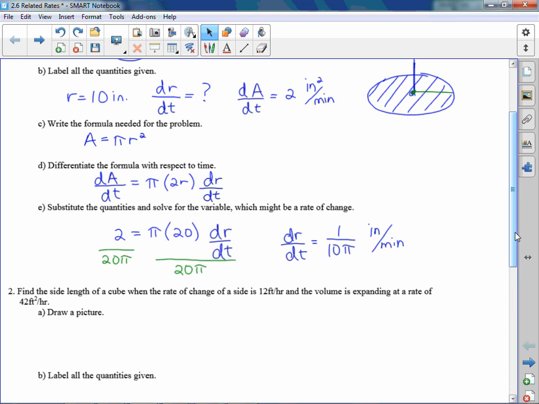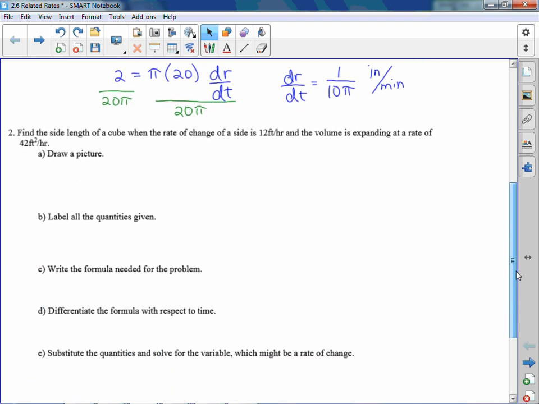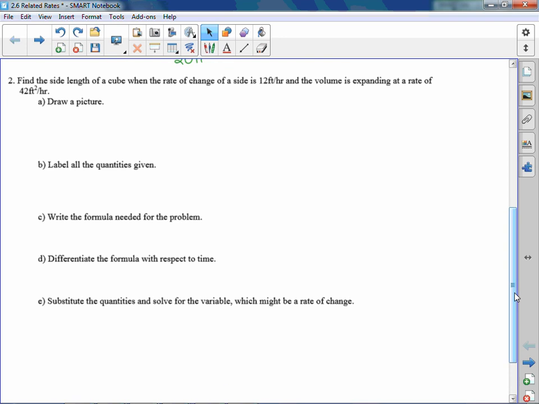Okay, let's work on, I think, number 2. Find the side length of a cube when the rate of change of the side is 12 feet per hour and the volume is expanding at a rate of 42 square feet per hour.